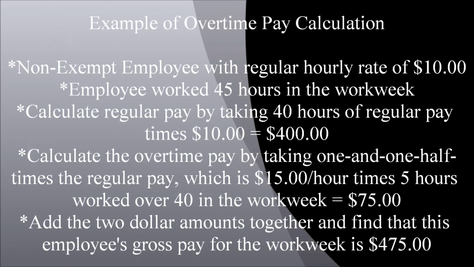We then calculate the overtime pay by taking 1 1/2 times the regular pay, which gives us $15 per hour. We then take 5 hours worked over 40, which is, 5 hours times $15 is $75. We then add the two amounts together and find that this employee's gross pay for the work week is $475.